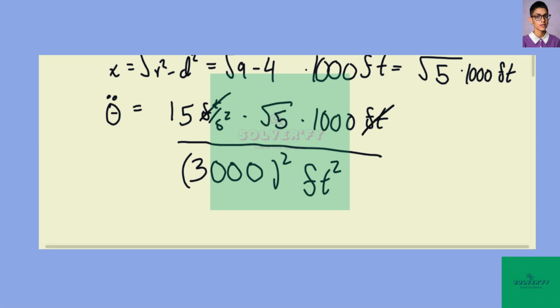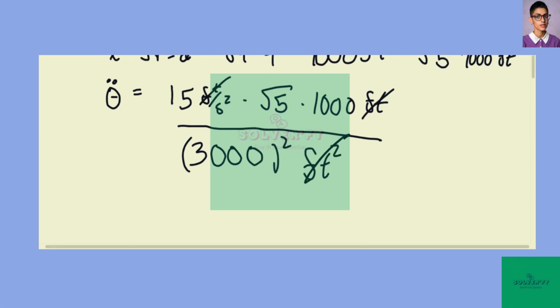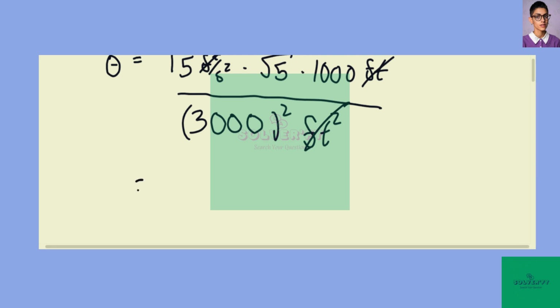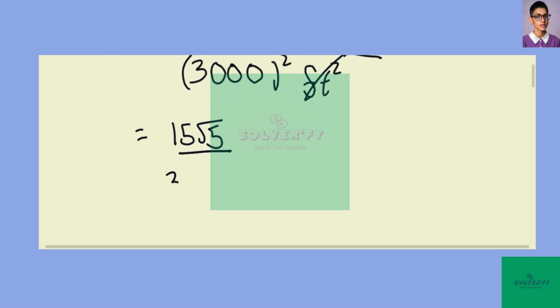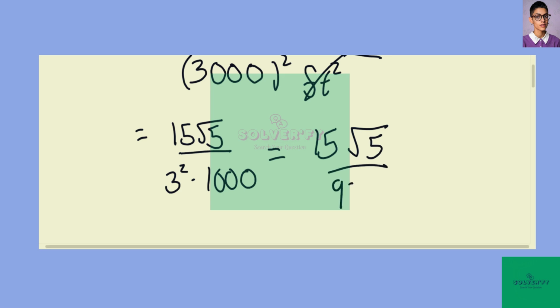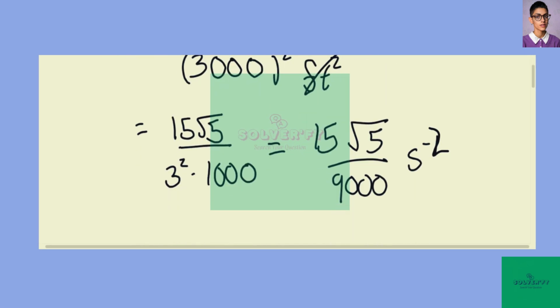For the units, all these feet will cancel. We'll cancel the 1,000 with one of the thousands down here, so 3 squared times 1,000, and that gives us 15 root 5 over 9,000 inverse seconds squared, which are radians per second squared, since radians are dimensionless.